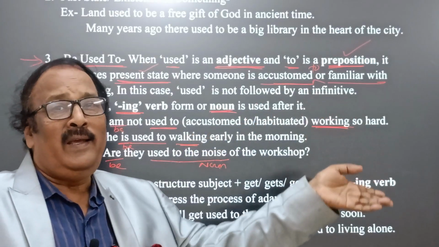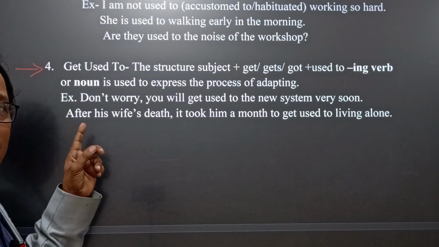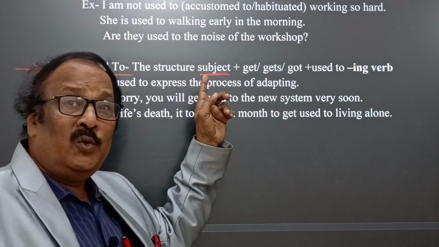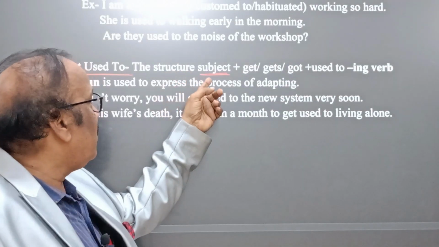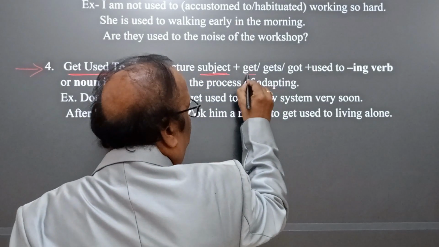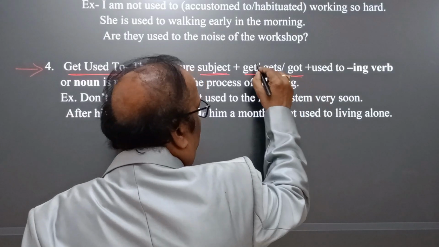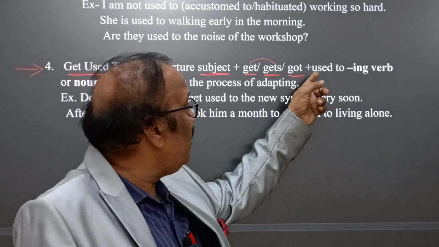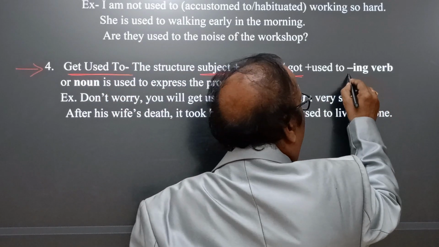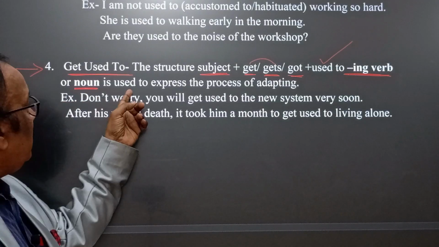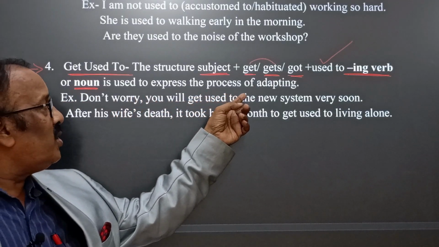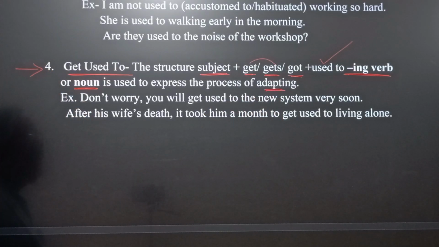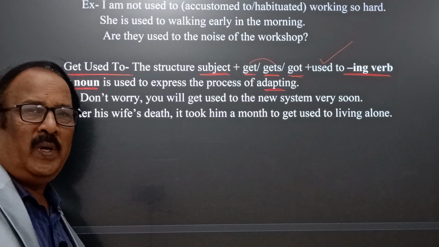See the fourth point, get used to. Whenever we use get used to, we take the subject plus get, gets or got. Get and gets are present tense and got is past tense, then used to, then an ing verb form or noun. It is used to express the process of adapting. How? Don't worry, you will get used to the new system very soon.